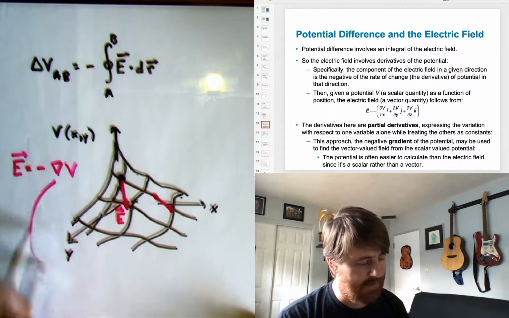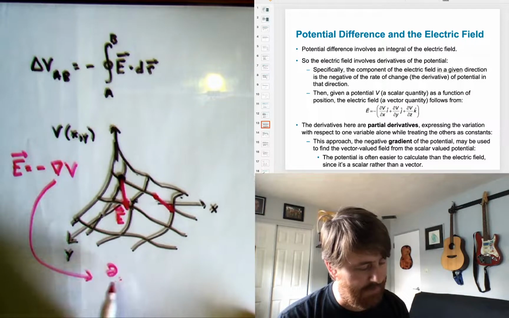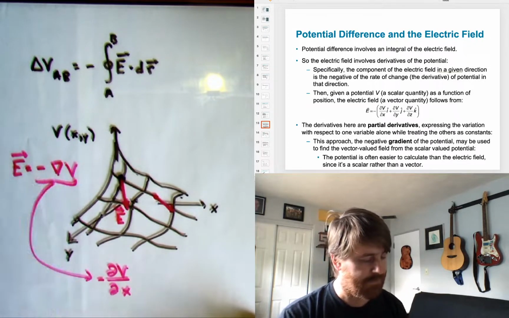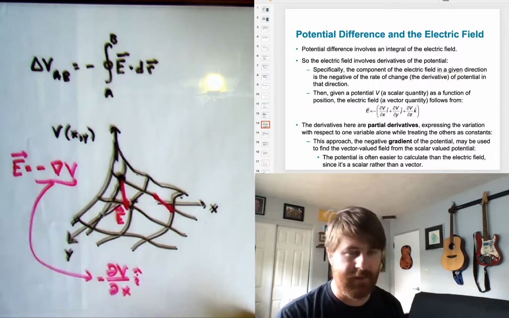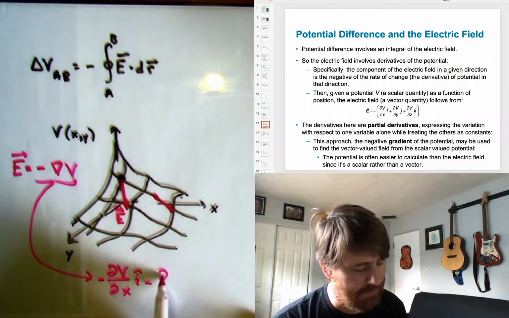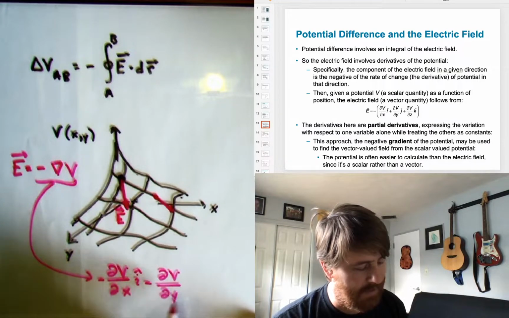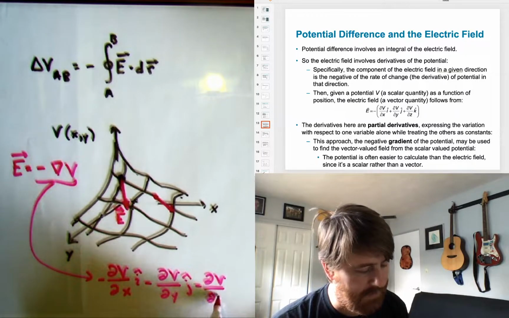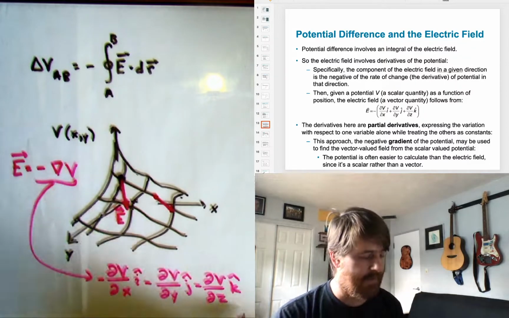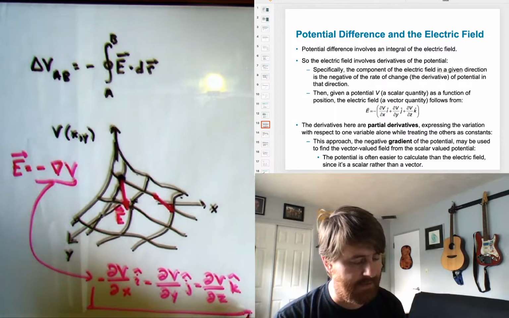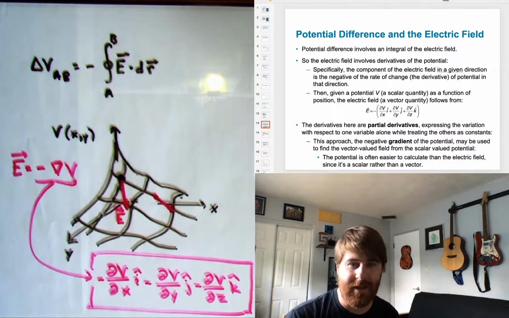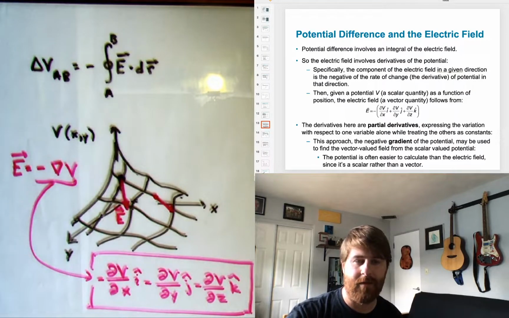It means take the partial derivative of V with respect to x, put a minus sign in front of it, and call that the i hat component of the vector, minus the partial derivative of V with respect to y, call that the j hat component, and minus the partial derivative with respect to z, and call that the k hat component. So that is how we find the electric field vector, which has components, from the scalar value of the potential, which does not.